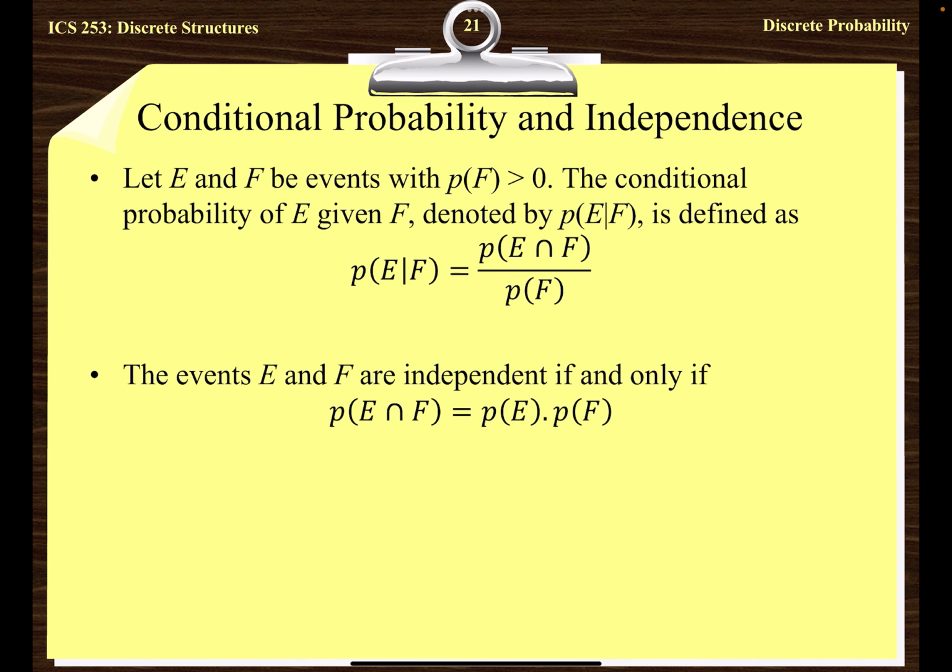If they are independent, the probability of E intersection F is also probability of F multiplied by probability of E. So what does that say? Well, this says that if E and F are independent, the probability of E given F and the probability of E are equal, which means that the occurrence of E is independent of F.